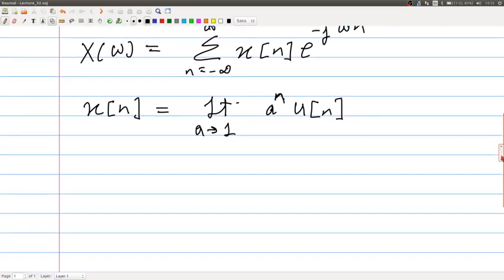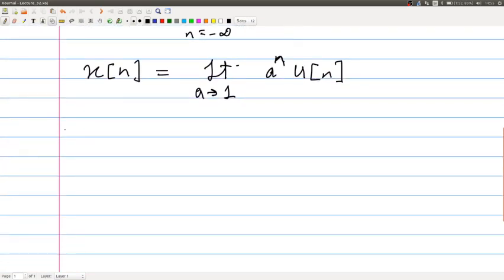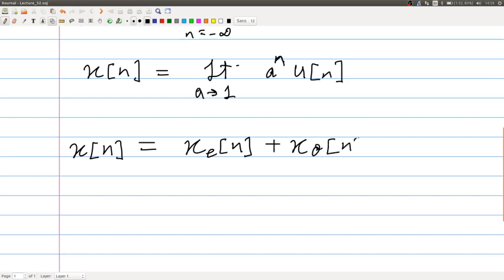It would be a complex signal. So I can break x of n into x even of n and x odd of n.